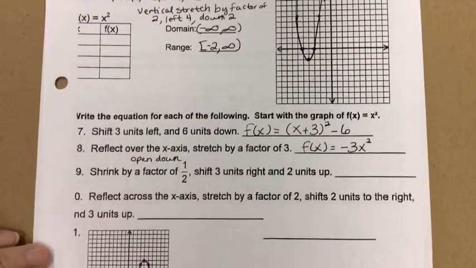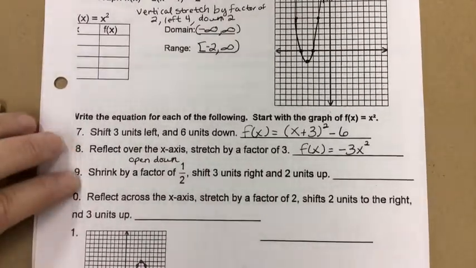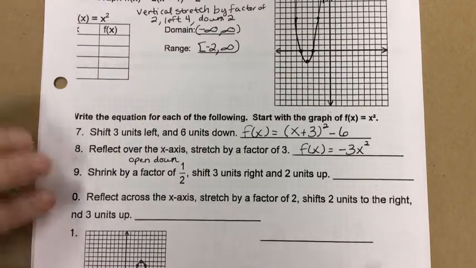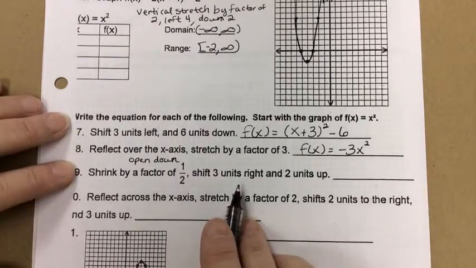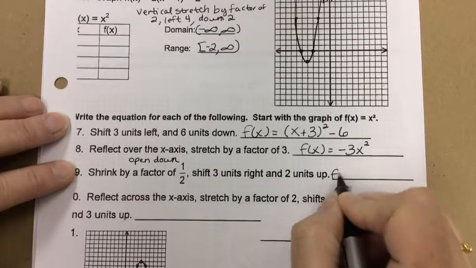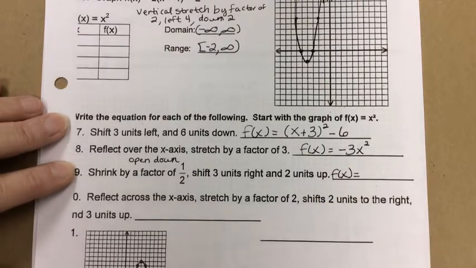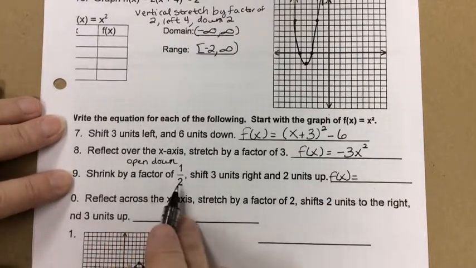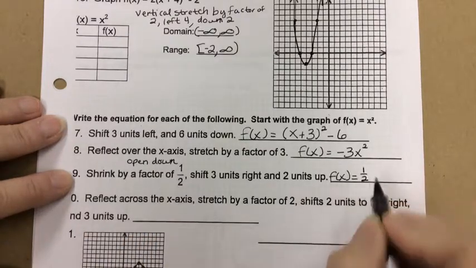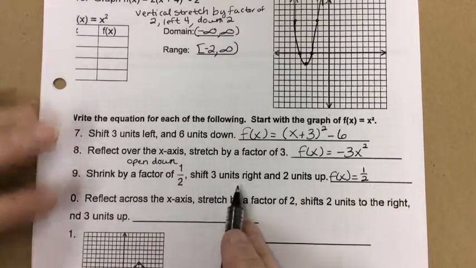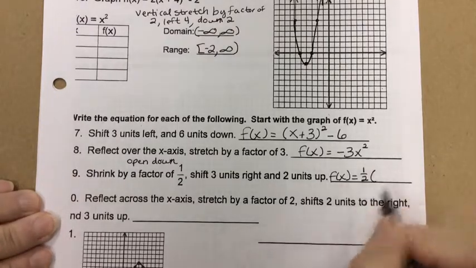All right, shrink by a factor of 1/2. Shrink means compress, squish. And then 3 units right and 2 units up. So start off with f of x equals. Shrink by a factor of 1/2, compress by a factor of 1/2. So I'm going to put a 1/2 in the front. And since I'm going right or left, I'm going right, I have to do parentheses.